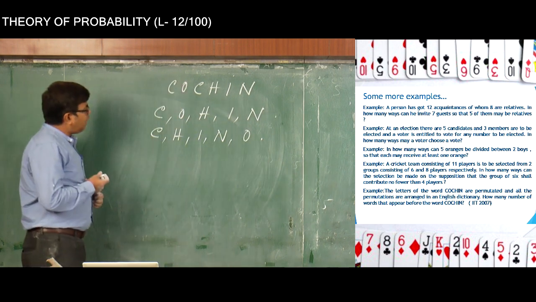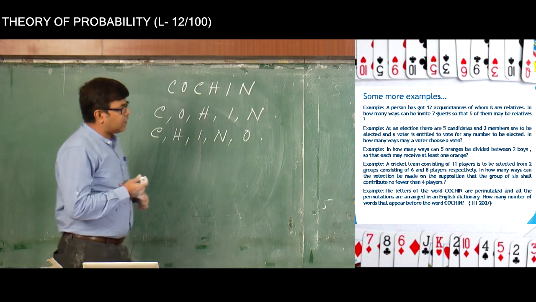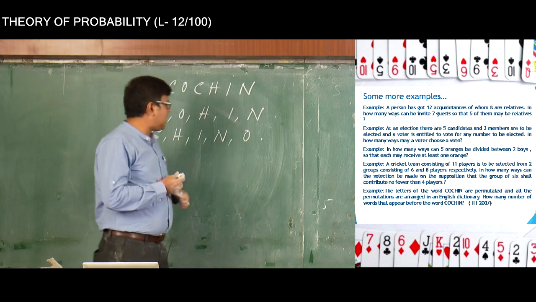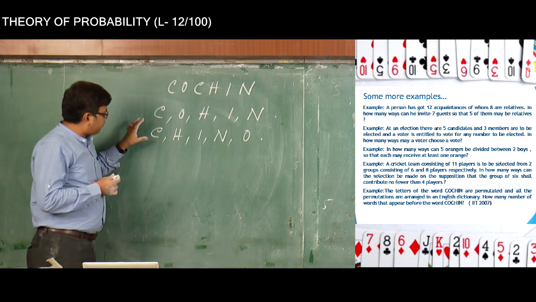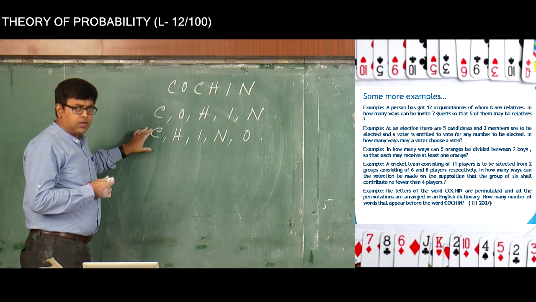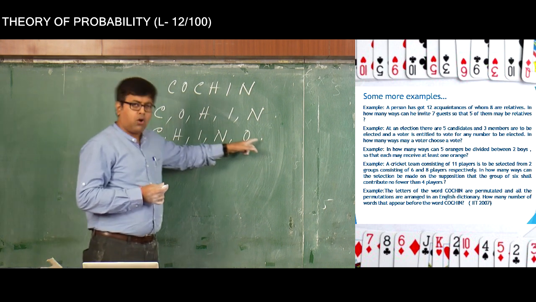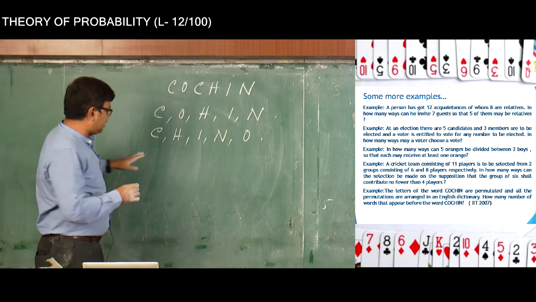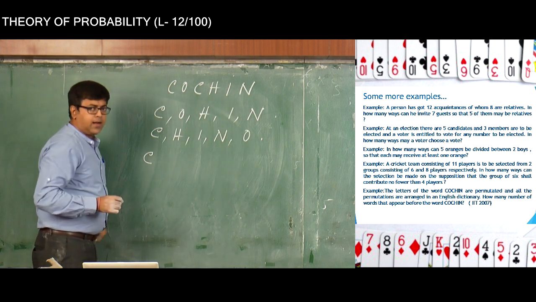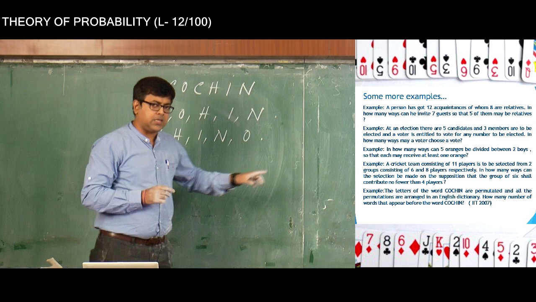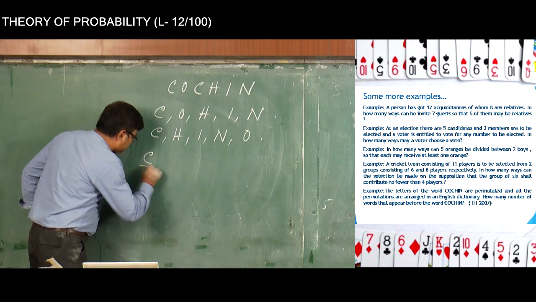Obviously, the first letter will be C, because C will come before H, I, N, O. There is no doubt that the words will start with C. So, C is fixed in this particular position.